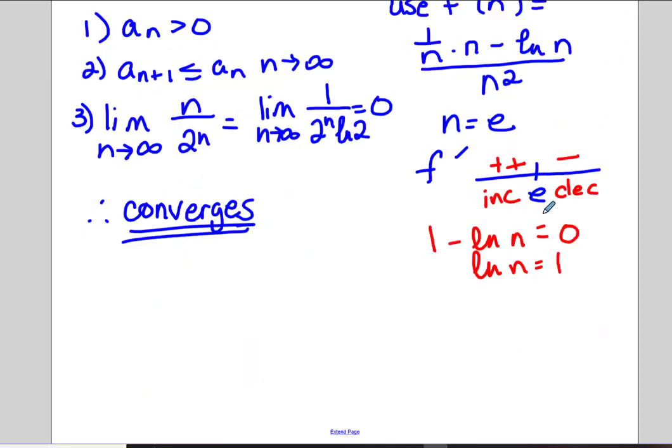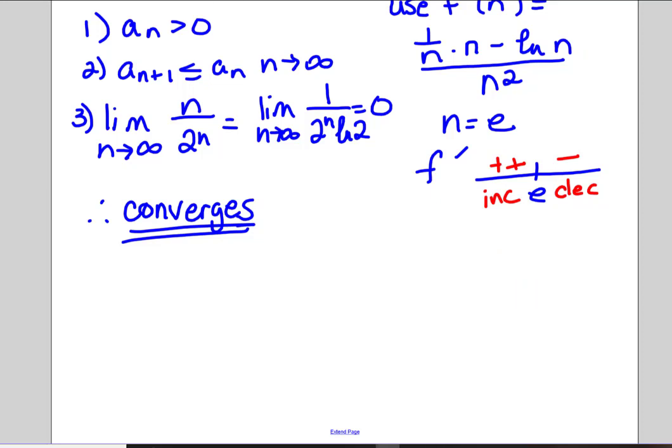And the way I knew where the 0 of the derivative is, I took this numerator, 1 minus natural log of n, set that equal to 0. So the natural log of n is 1 when n is e, and testing to the left of e and to the right of e, we're decreasing values.